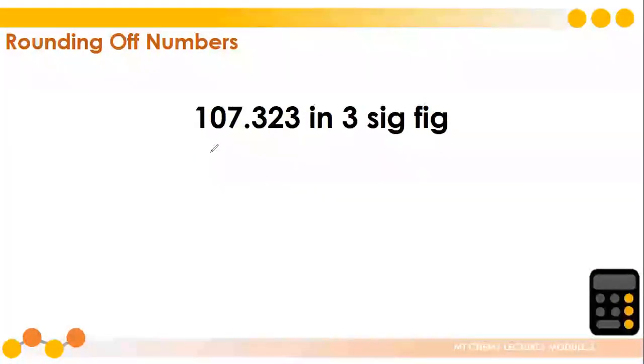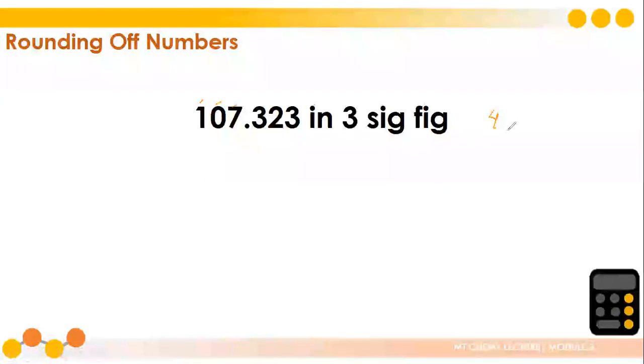For the next one, you have 107.323 in 3 significant figures. What are the 3 significant figures in this number? Start counting from the left. We have 1, 0 since this is confined, and then 3. So you have to round it off until this number. So what will be your final answer in this one?